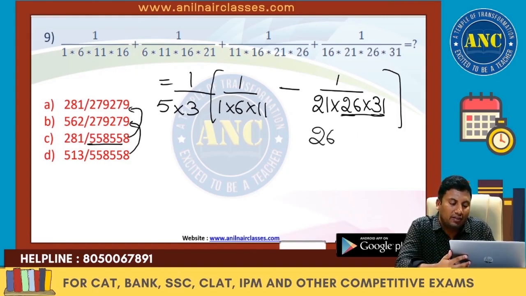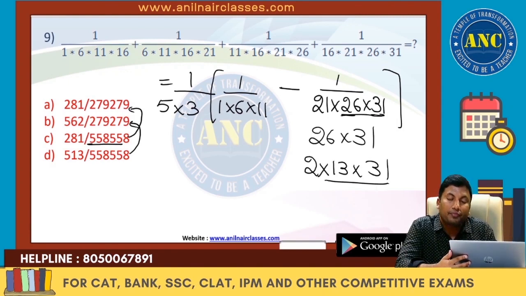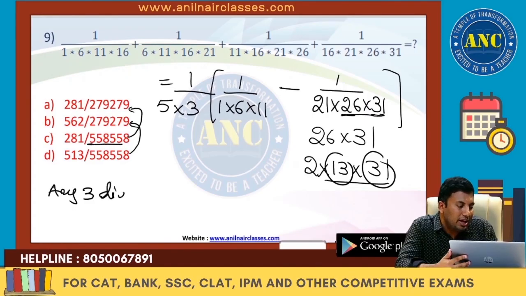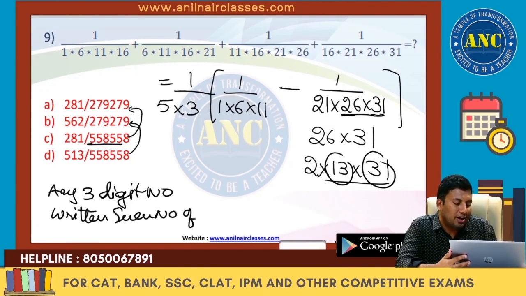26 into 31. Now see here. 26 is nothing but 2 into 13 into 31. So 13. What is 13? Any 3-digit number written even number of times is always divisible by 13.